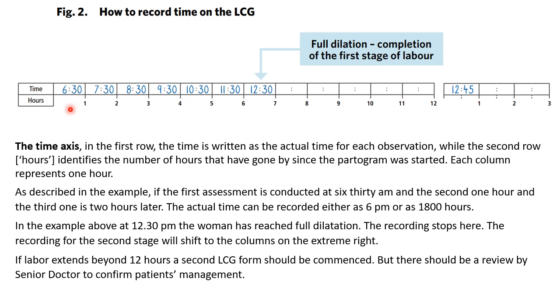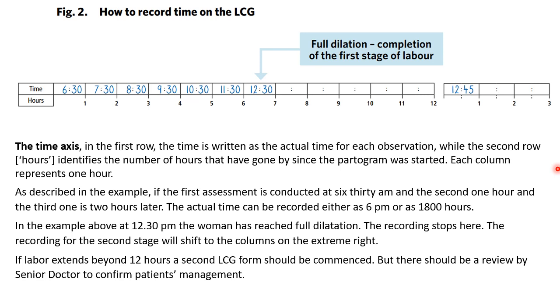Now in this example, we see that the recording will stop here at 12:30 and is then transferred into the second stage of labor. So the second stage of labor is recorded on the extreme right-hand side of this section.